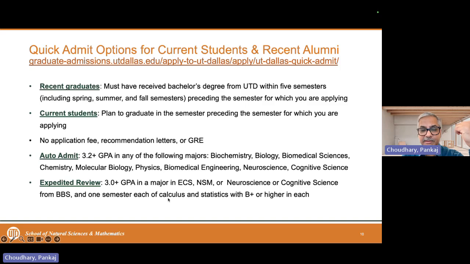If you have taken these courses and you received a B plus or higher in each, you are eligible for this expedited review. And again, the advantage of this is that you don't have to go through the regular admission process. You go through a faster process, and you don't have to pay an application fee, and you also don't require recommendation letters. Okay, so these are some quick admit options for current students and recent alumni.